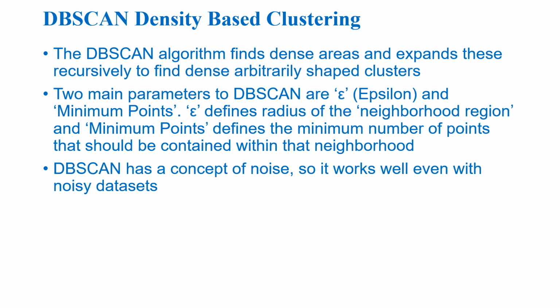So if you have a core point with an epsilon of a set value, you draw the circle around it, and you set minimum points to a value. The number of points, which includes the core point, has to add up to minimum points, or a cluster is not going to be created. Also, DBSCAN has a concept of noise, so it works well even with noisy data sets.